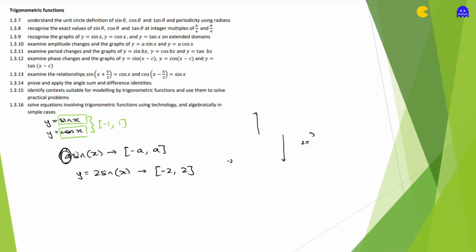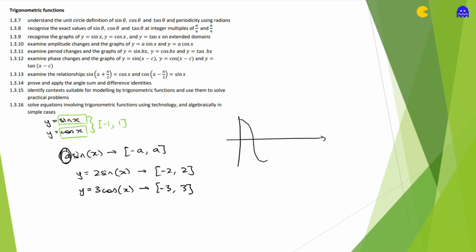If we look at our cosine graph and we graph, for example, y equals 3 cosine x, that would mean we are bounded by -3 up to 3, and the graph would look something like this, where we start at 3, go down to -3, and go back up to 3 by the end, over a period of 2 pi.